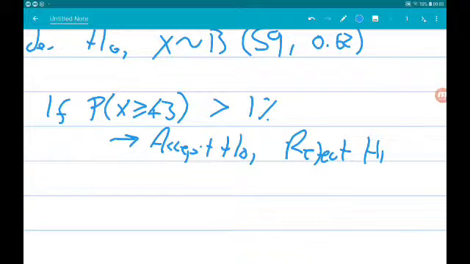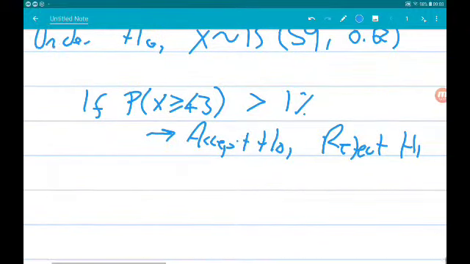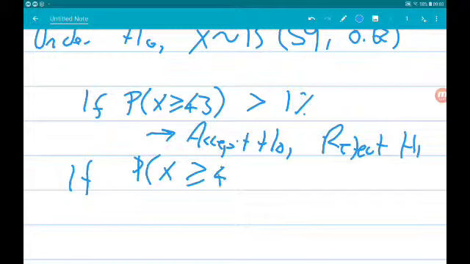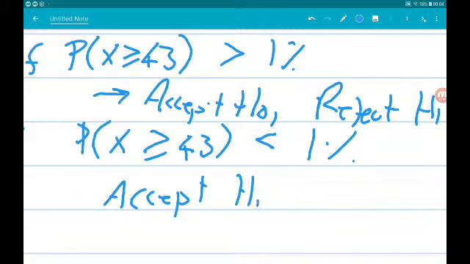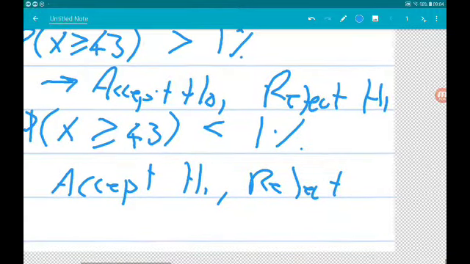So if it's still more than 1% likely, we accept H0. If that probability is less than 1% likely, we accept H1, reject H0.